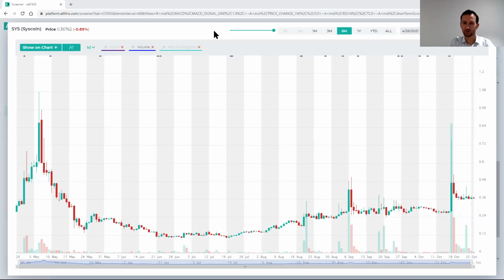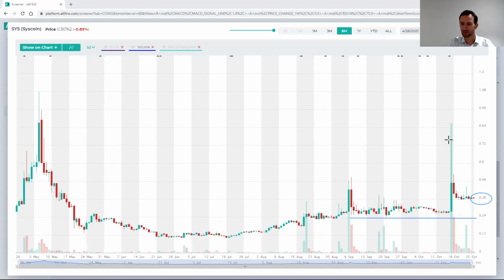So if I were to go into the trade here at 36 cents, which I would, my stop loss would be if the price dipped below the 24 cent level, because this is support. If I break below that, we're in trouble. So 36 to 24 cents is about 30% downside.